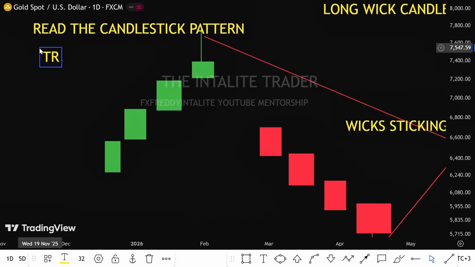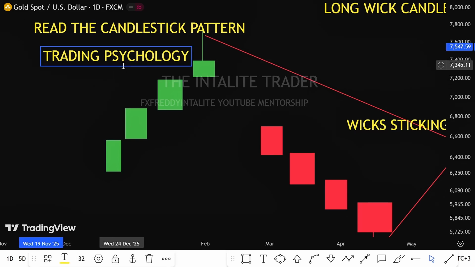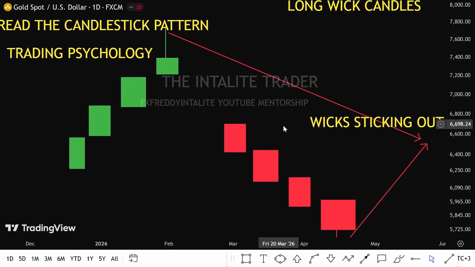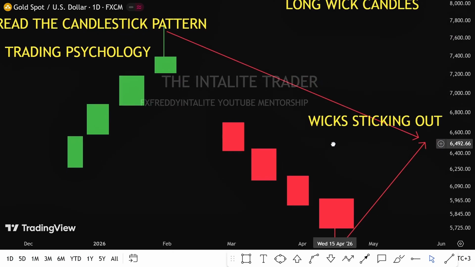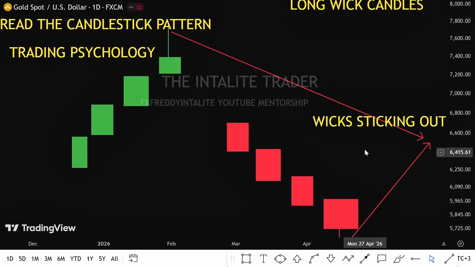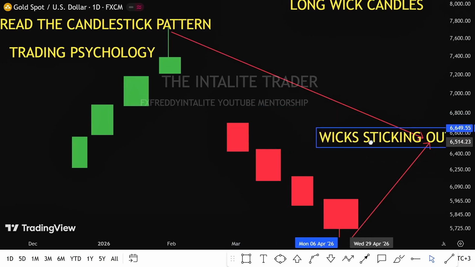It should tell you the trading psychology of why it has formed. And if the price action psychology of why it has formed is vivid enough for you to take the trade, then you go ahead and take the trade.